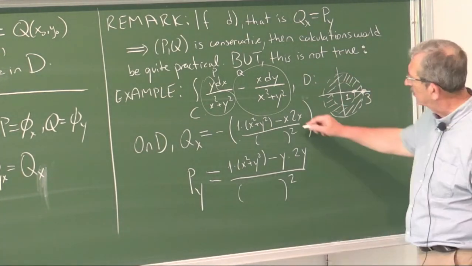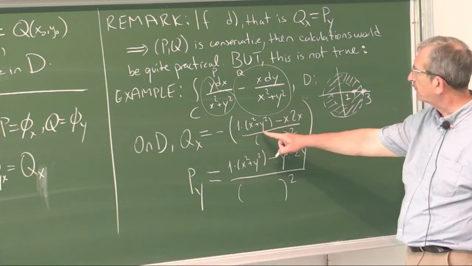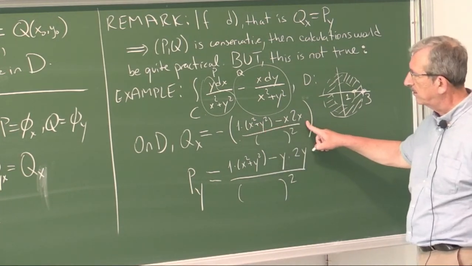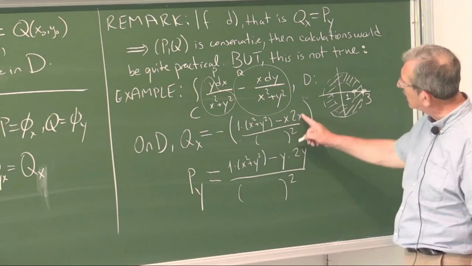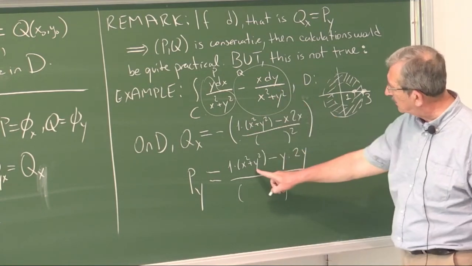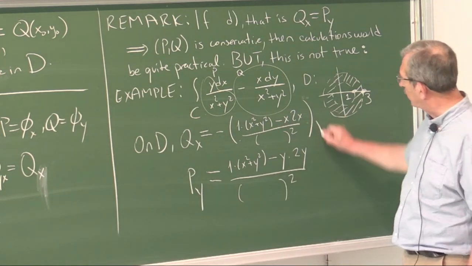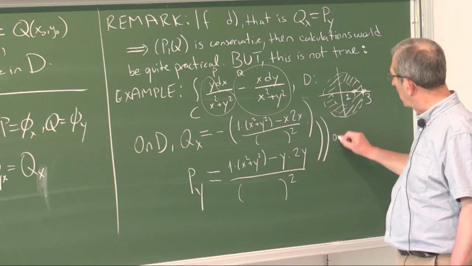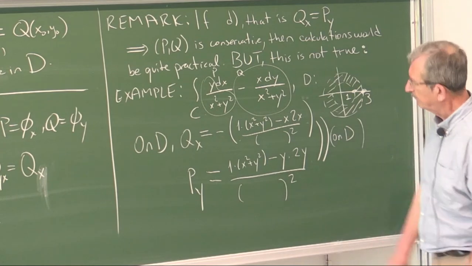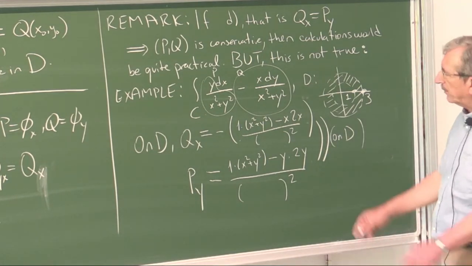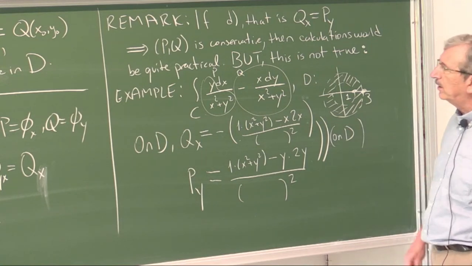Now, clearly, you have here y squared minus x squared with a minus sign, so it's x squared minus y squared. And this is clearly x squared minus y squared. So they are equal on D. Okay, so Q sub x and P sub y are equal.